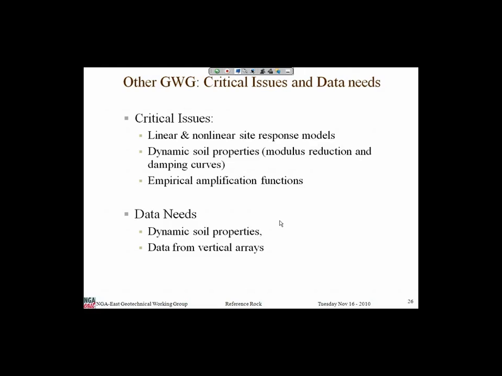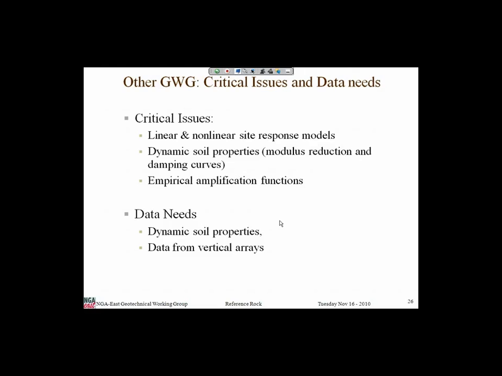These would be the type of models that, from a practitioner point of view, will be used whereby you will do your amplification or site response. We're also going to temper it with the issue of how deep we go into the soil column. We have not decided how far we're going to do that, so that becomes a critical issue as you move down the Gulf Coast, for example.